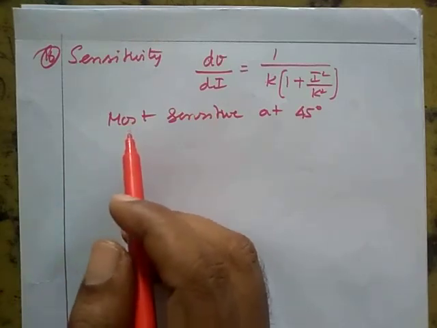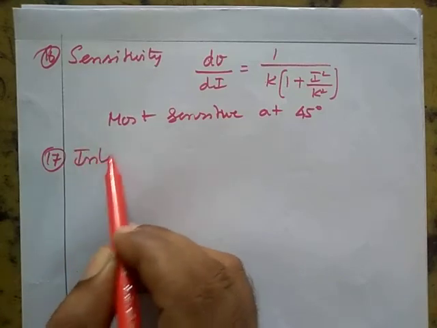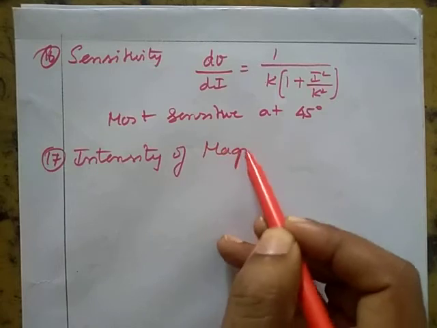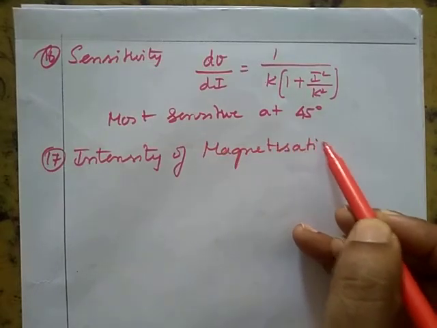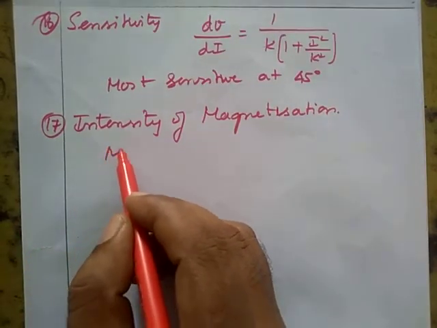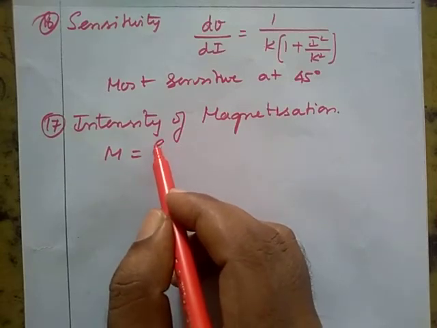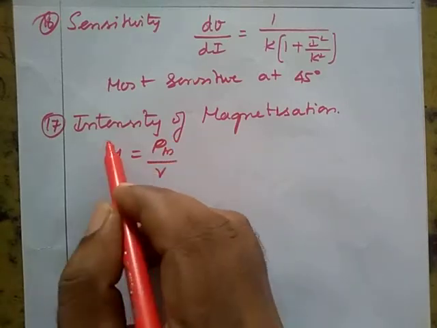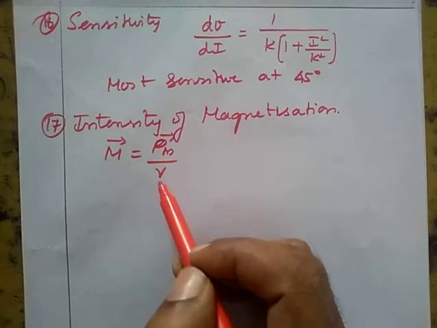Then intensity of magnetization. Here it is represented as M, that is M is equal to Pm by V, or M vector is equal to Pm vector by V. It is the net dipole moment per unit volume.